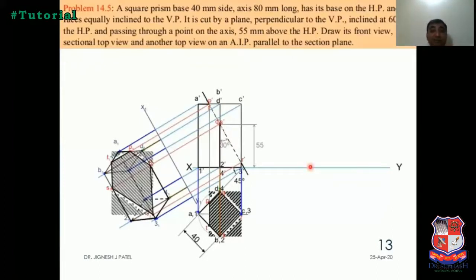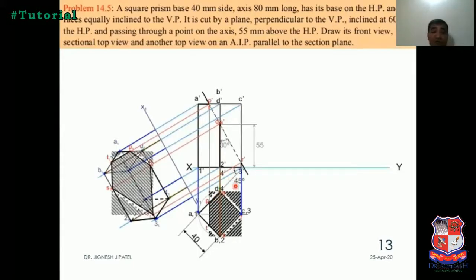Okay, now it's a square prism, base 40 mm side, axis 60 mm long, has its base on the HP and its base equally inclined to the VP. So first of all, draw its top view. All the faces are equally inclined to the VP, that means all the faces are inclined at 45 degrees with the VP.